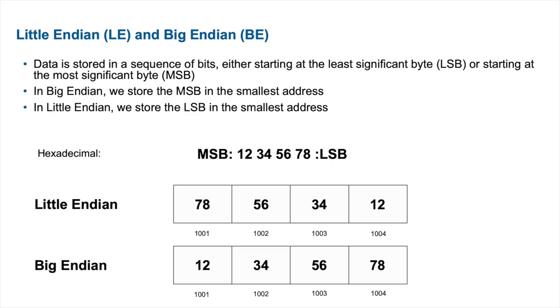In Big Endian, the most significant byte is stored in the smallest memory location. In Little Endian, the least significant byte is stored in the smallest memory location. So we see that in Big Endian, it's stored as 1, 2, 3, 4, 5, 6, 7, 8, and in Little Endian, it's stored as 7, 8, 5, 6, 3, 4, 1, 2.